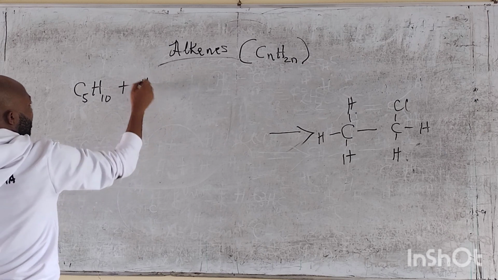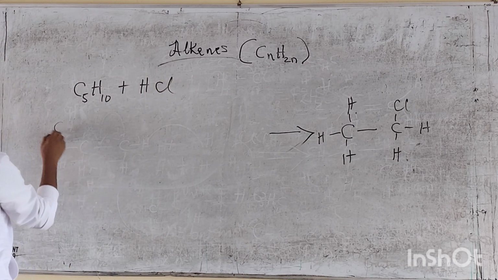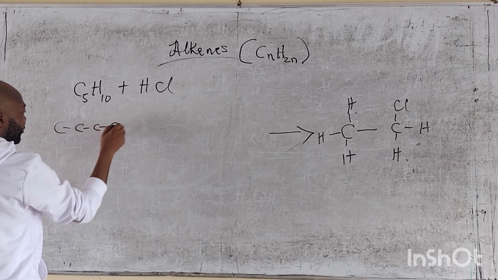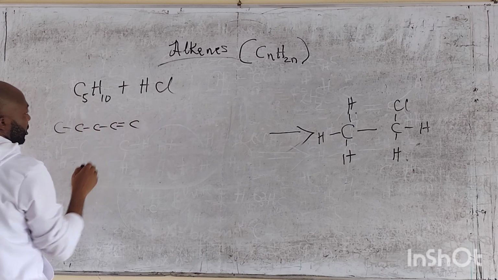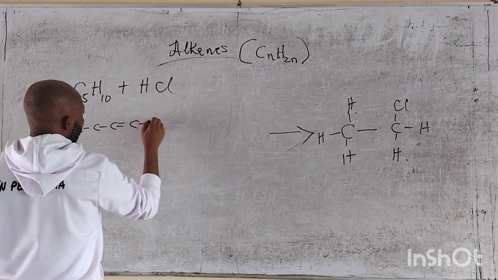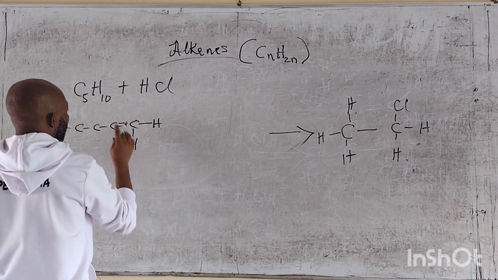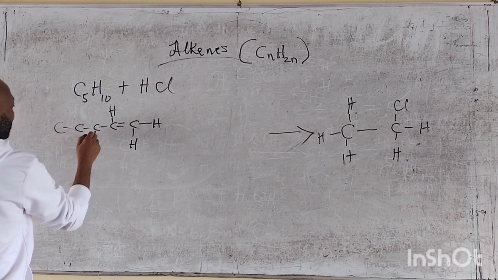plus this. And my C5H10 is the same thing as saying this: 1, 2, 3, 4, 5. I put my double bond here. Put my hydrogens here, here, here. 1, 2, 3, 4 for that.